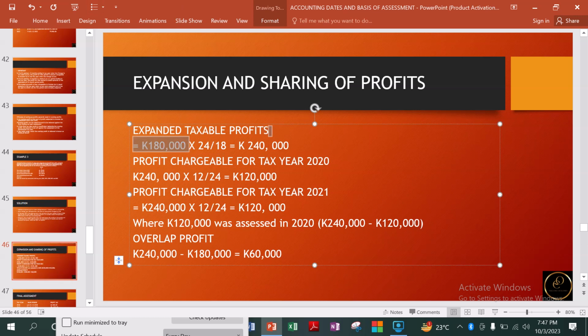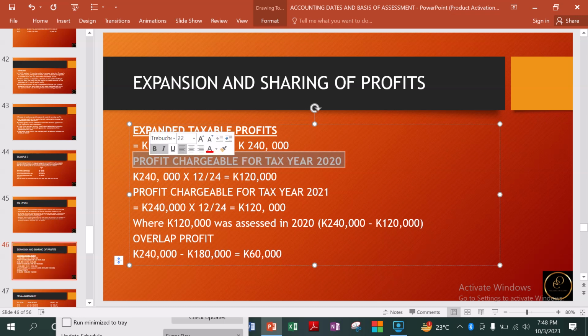Let me underline this to make it clearer. Then we also have what we want to know, which is the profit chargeable for the tax year. We also underline that. This covers 2 periods of 12 months each.